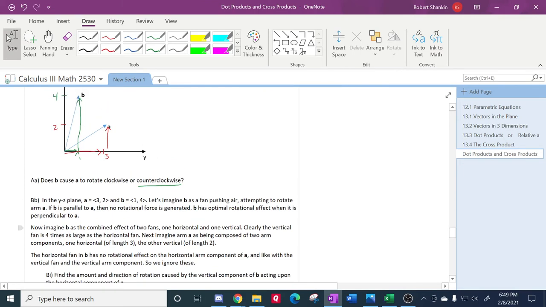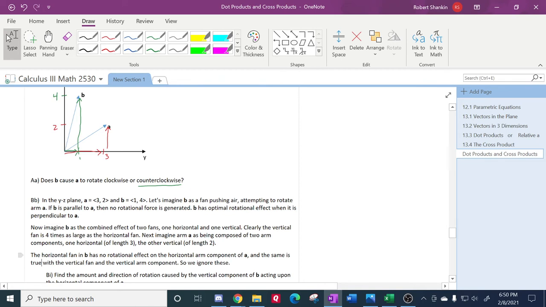The horizontal fan in B, this little green one, has no rotational effect on the horizontal arm of A. And the same is true with the vertical fan and the vertical arm component.